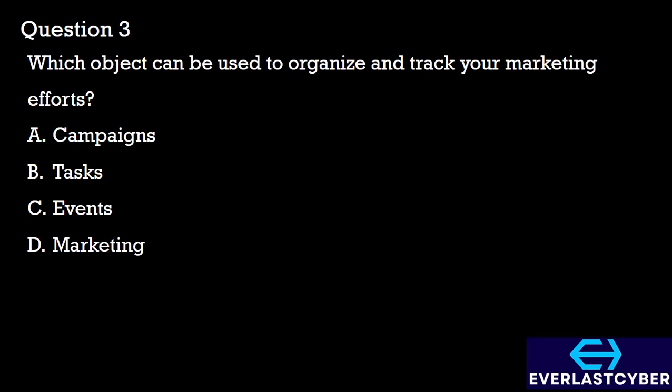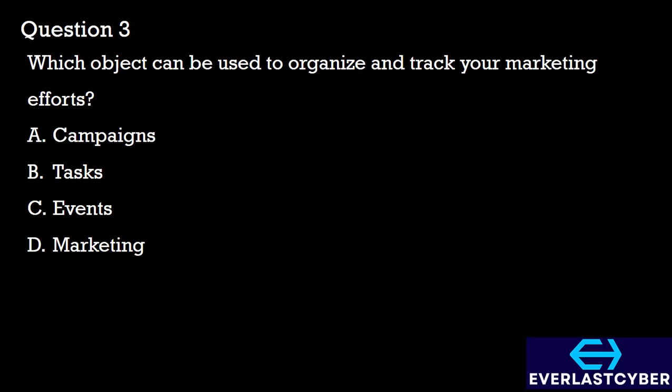Question 3. Which objects can be used to organize and track your marketing efforts? A. Campaigns. B. Tasks. C. Events. D. Marketing. Campaigns are commonly used in marketing to organize, plan, and track marketing efforts.